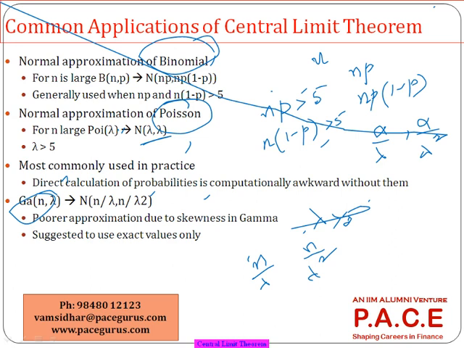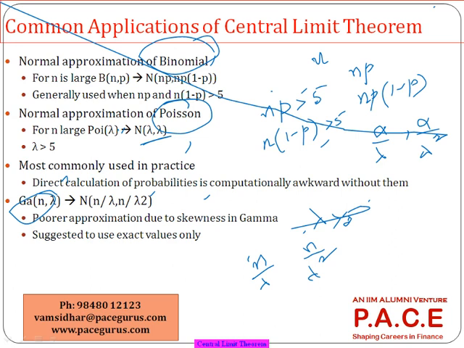The basic advantage of using a normal distribution is that there are a lot of advantages. I can use the normal distribution tables to find the probability, and a lot of things, like 95% of the values lie between plus or minus 1.96 standard deviations. So building intervals for prediction purposes becomes easier the more I can approximate any distribution to a normal distribution.